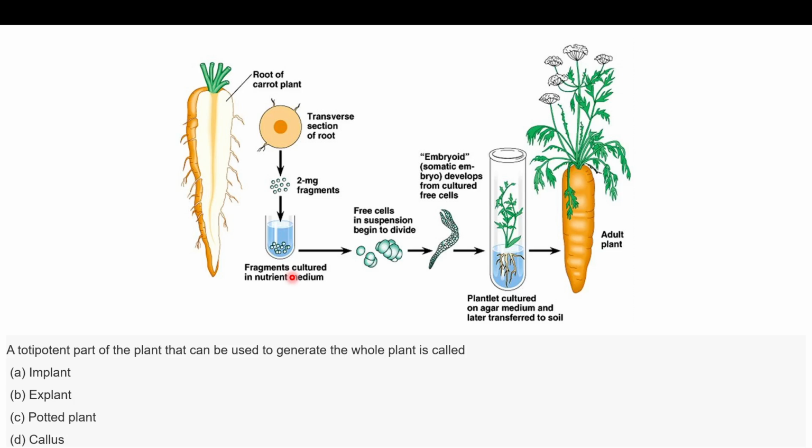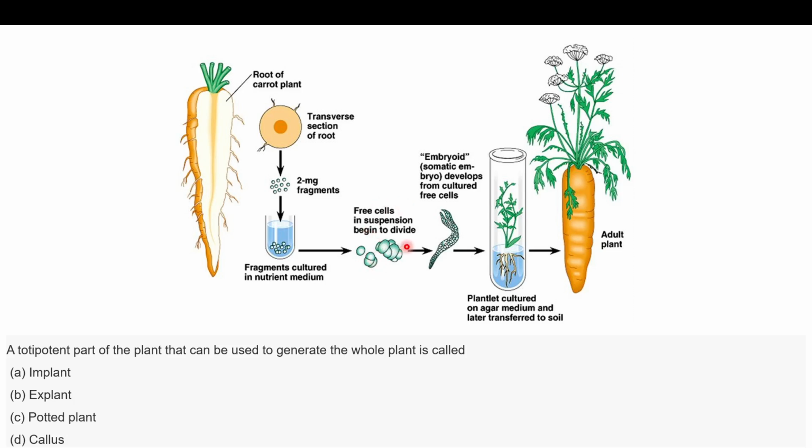Then from those fragments, there are free cells in the suspension, like a cell culture medium, which begin to divide, thereby forming an embryoid, which is a somatic embryo that develops from these cultured free cells.